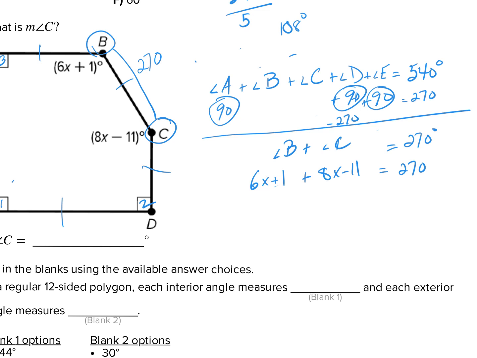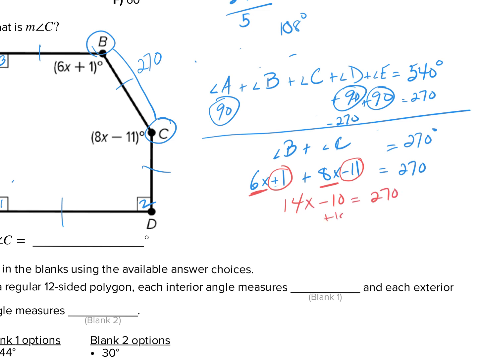So what I need to do is remember to combine like terms. So if I have negative 11 and positive 1, that's going to give me minus 10. And then I have 6x and 8x, which is 14x.